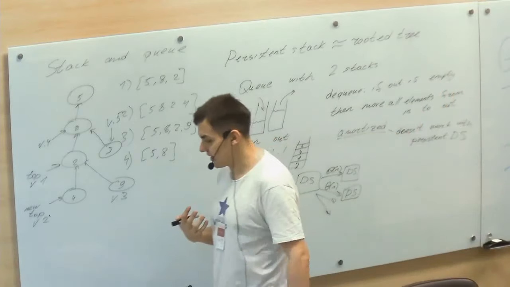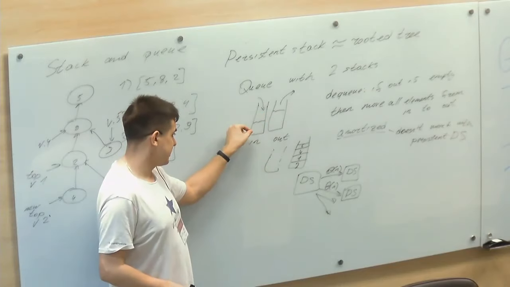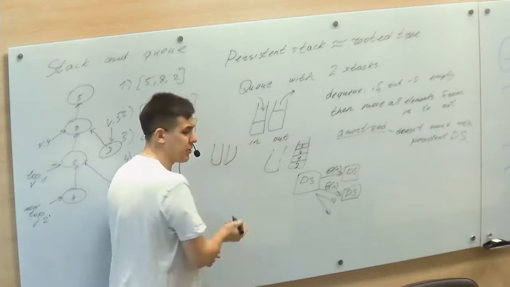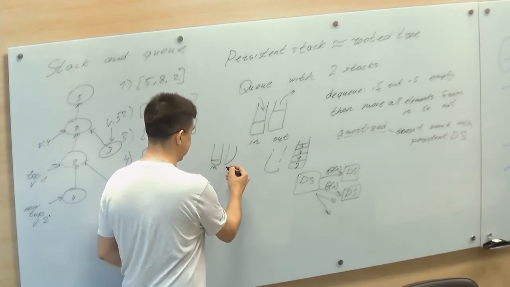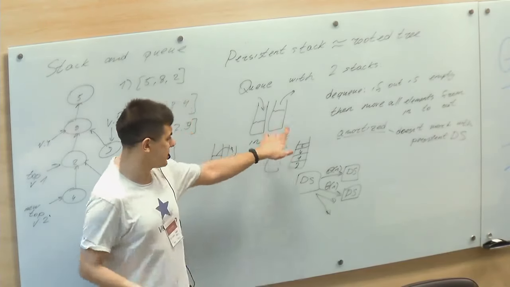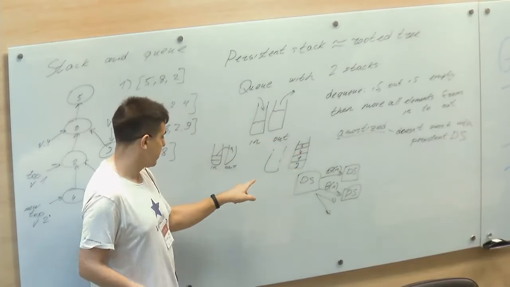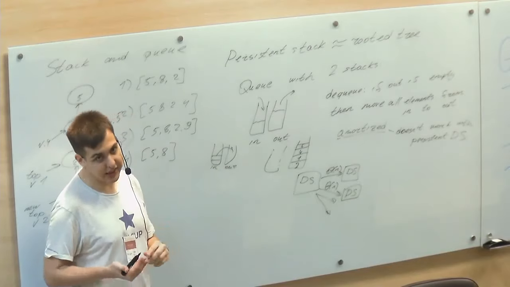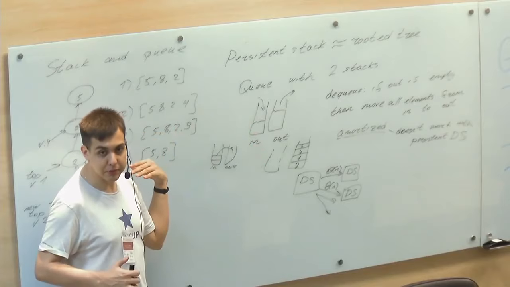So the basic idea is, while we do operations, let's have two stacks. And for each operation, let's move two elements from the input stack to the output stack. So whenever we do some operation with these two stacks, we will have two more, the input and the output stack, and we move two elements to the output stack.